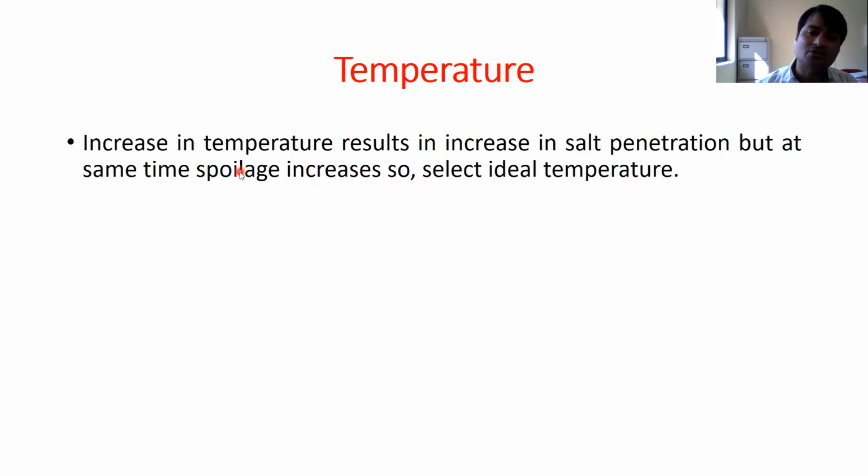If we are increasing temperature, what will happen? Our fish will spoil. So we have to take care. We don't have to increase the temperature, but the factor is there. If we are increasing the temperature, salt penetration will be faster. So because of this spoilage, we don't have to increase the temperature. Okay? Otherwise our fish will spoil.